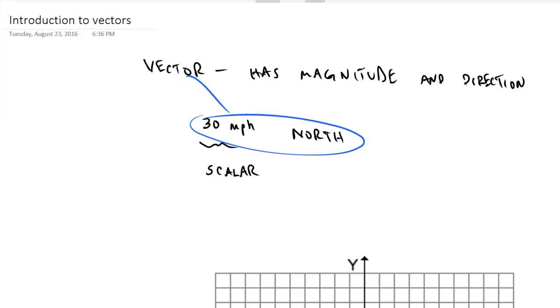Typically, we would note a vector. Let's say this is a velocity vector. The difference between velocity and speed is that velocity has a direction associated with it, so it is a vector. Speed does not have a direction associated with it, hence it's a scalar. So we'll call this vector v.